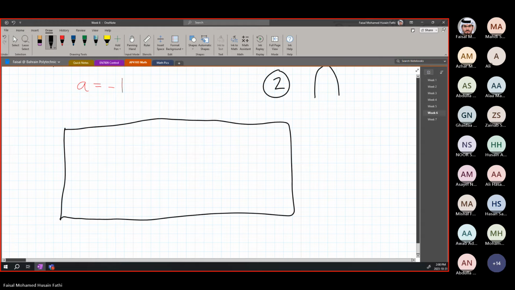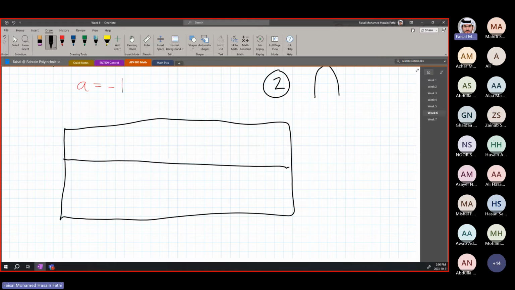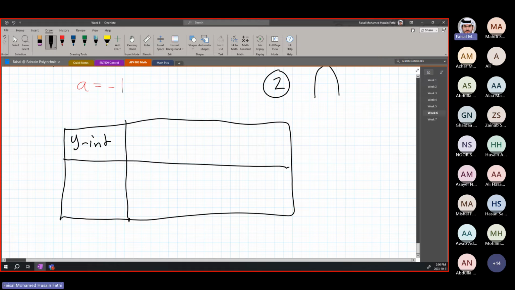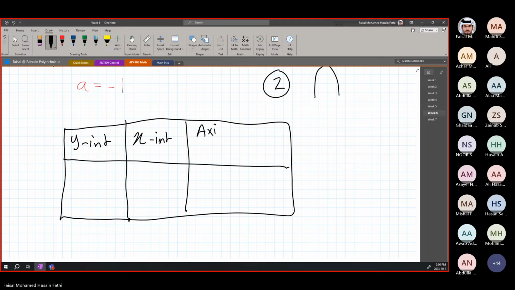You have the y-intercept, the x-intercept, the axis of symmetry, which will be x equals a value, then the turning point, which is the x, y coordinates.